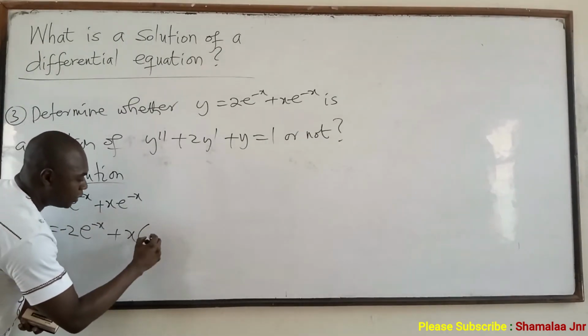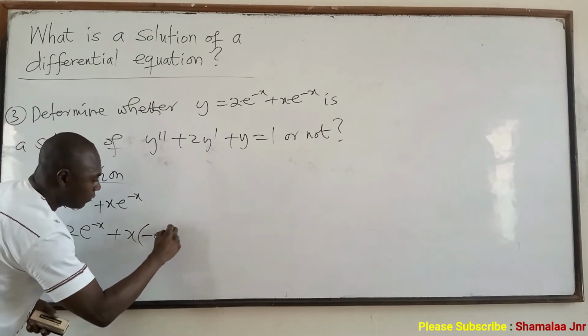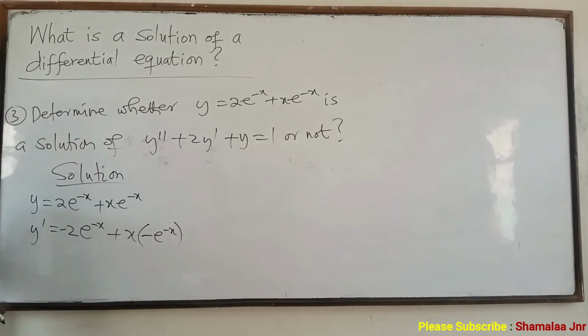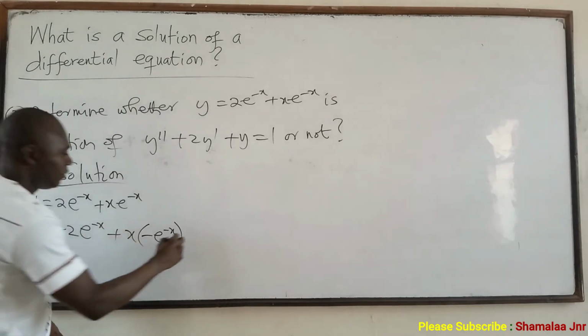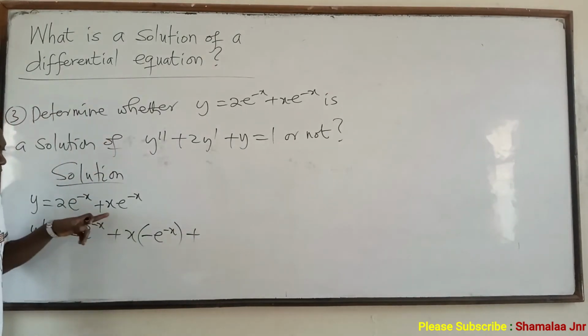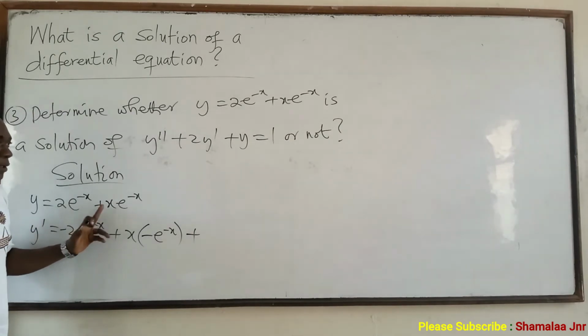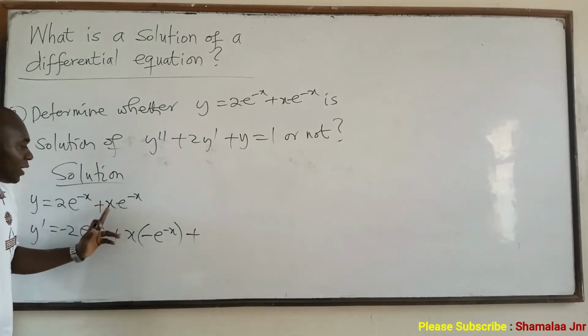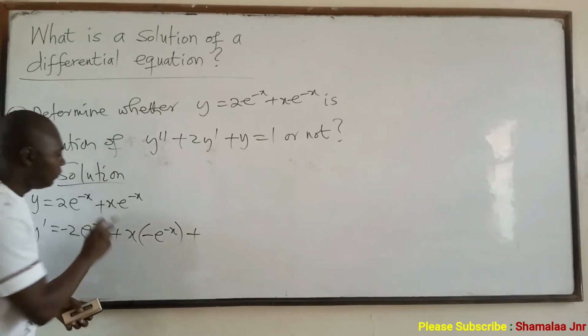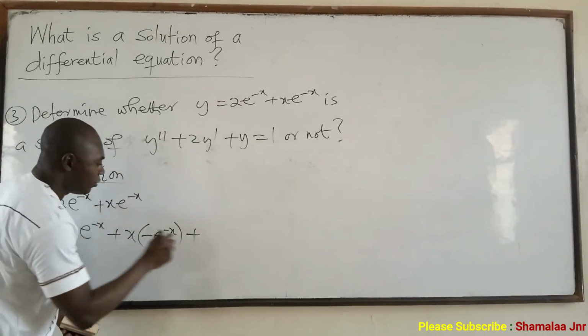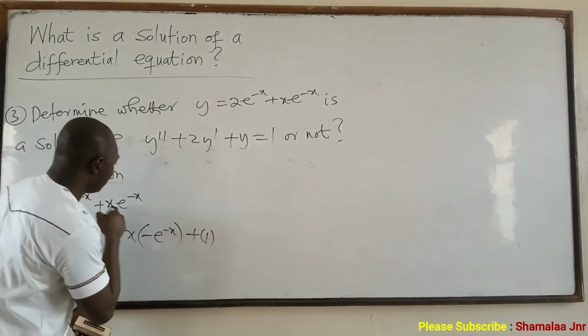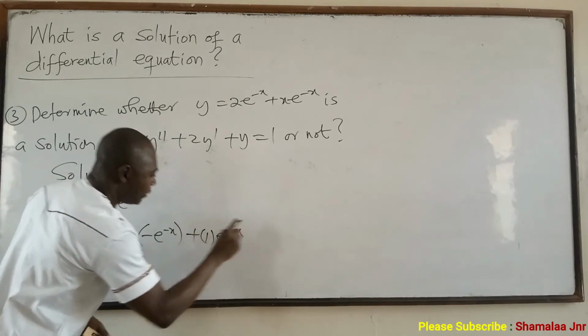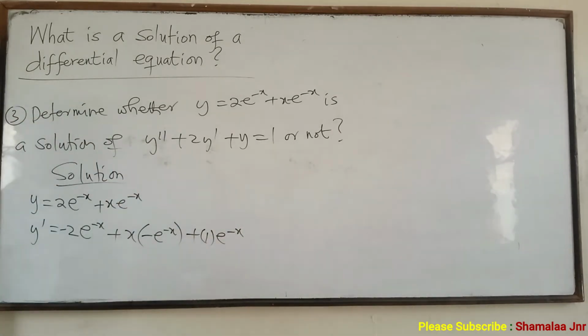The second one, when you differentiate, I'm going to get negative exponential of negative x. Plus, this time, I'm going to differentiate the first one and keep the second one constant. If you differentiate x with respect to x, I'm going to get 1, and then I'll keep this one constant. That is the product rule.